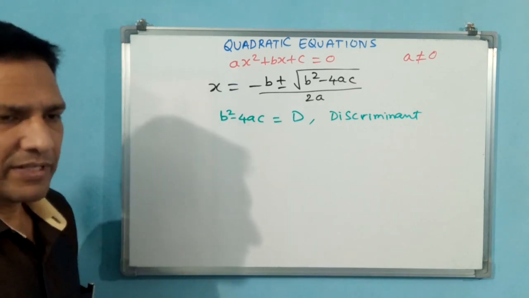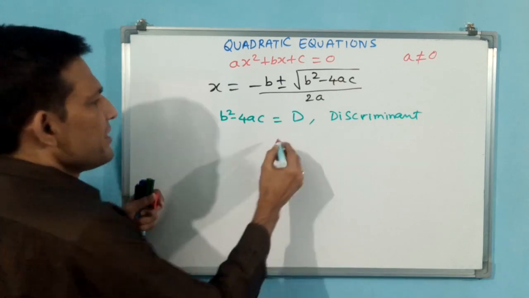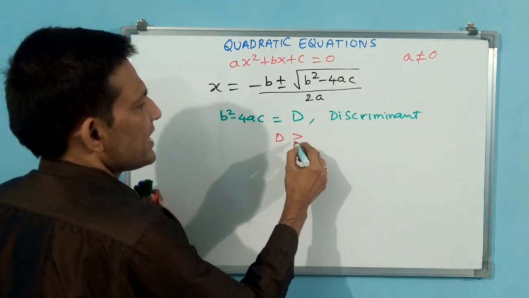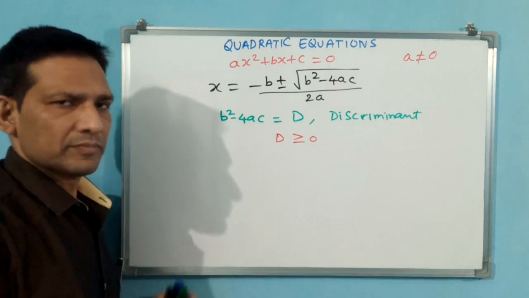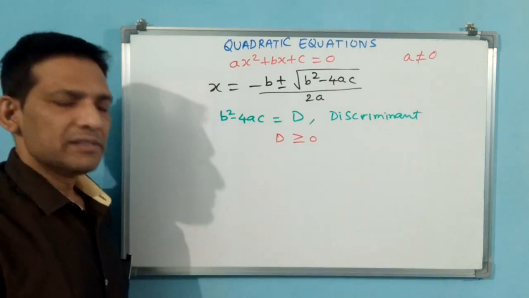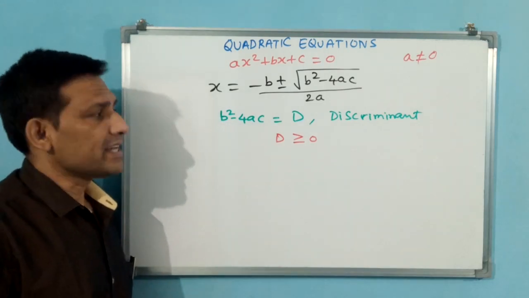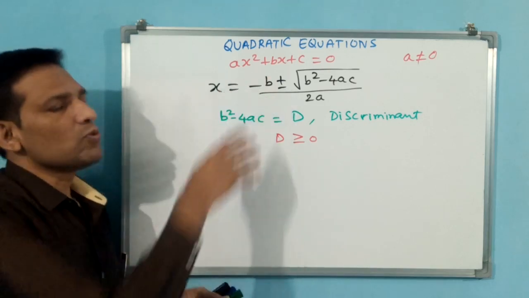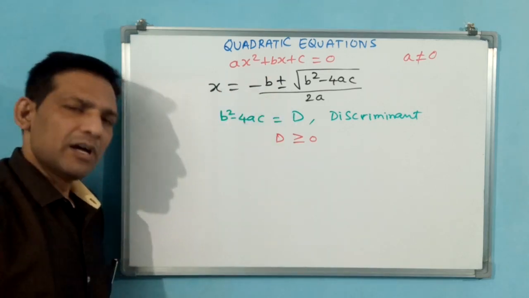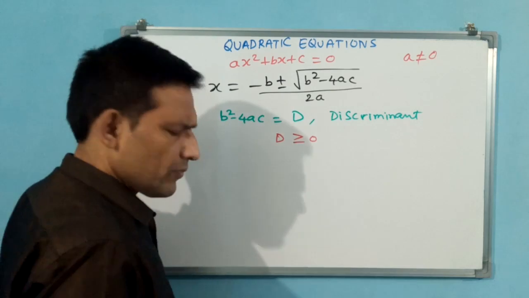What is discriminant? Discriminant d is greater than or equal to 0. Until now we studied like this only. D should be greater than or equal to 0. Then two roots will come. Those are called roots or solutions.